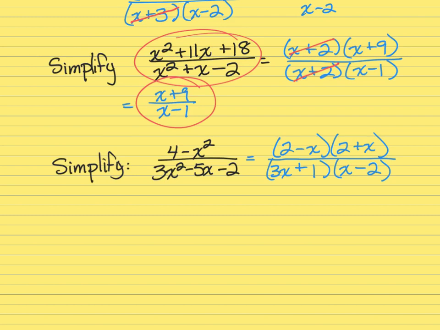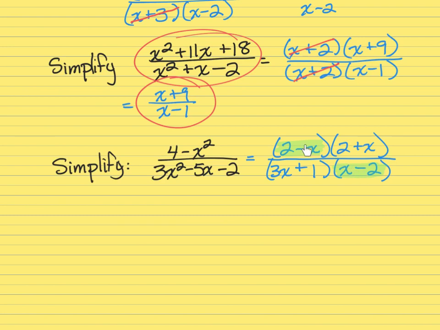But we might notice that these two factors are opposites of each other. Notice that the 2 is positive, the 2 is positive, and the 2 is negative. The x is negative and the x is positive. So they're exact opposites of each other.